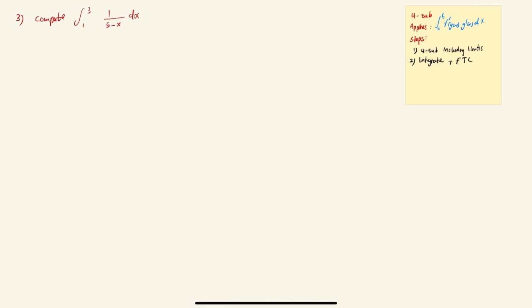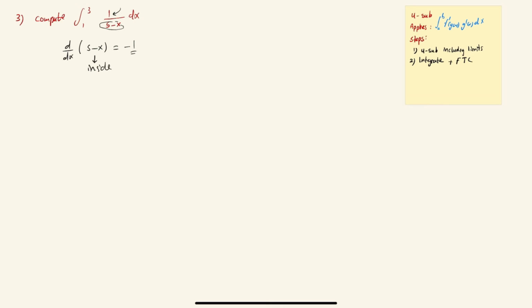Part 3. Compute the definite integral from 1 to 3 of 1 over 5 minus x dx. Here, let's check if substitution applies. When we differentiate the bottom function 5 minus x, it's going to be equal to minus 1, and that 1 already exists in the function.